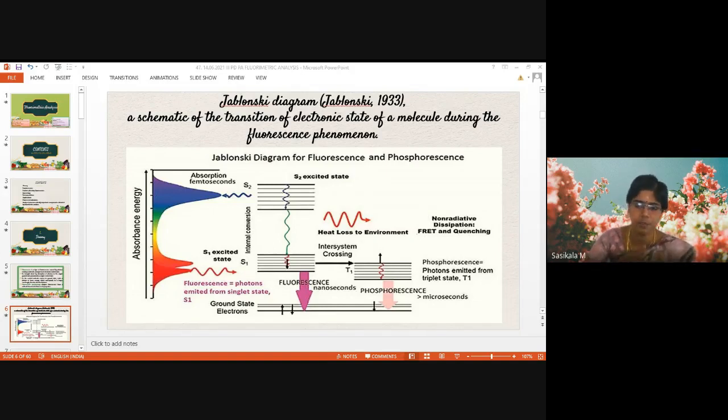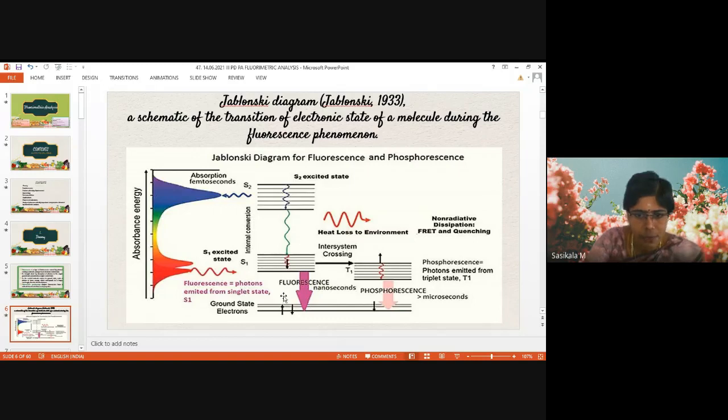Even if you use a colored solution, both excitation and emission will be in the visible region. For a colorless solution, absorption will definitely be in the UV region and emission in the visible region. That is the concept in the fluorimetric method, but the solution must be very dilute. I will explain how the concentration of the solution affects fluorimetry.